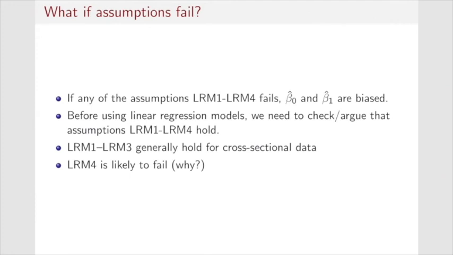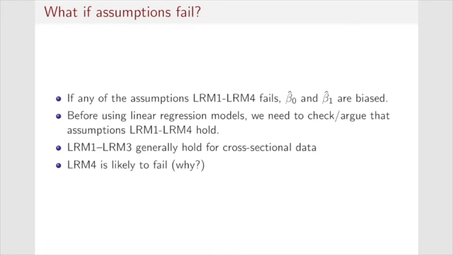What if the assumptions fail? If any of the assumptions fails, the linear regression estimators will be biased, and we may not trust the regression results. Therefore, we need to check or argue these assumptions before using linear regression models.